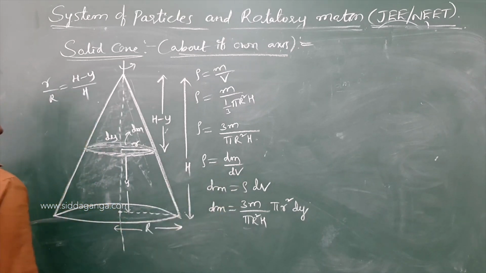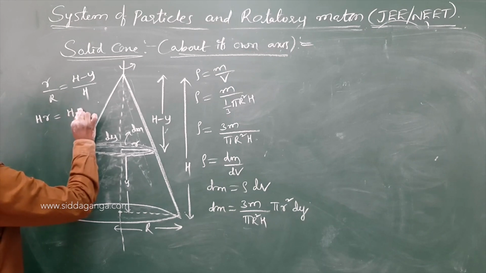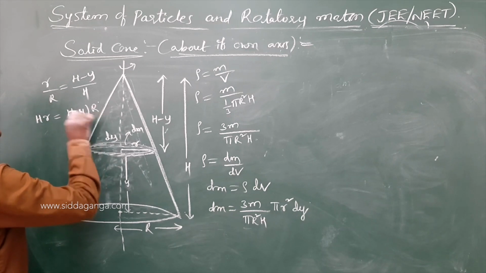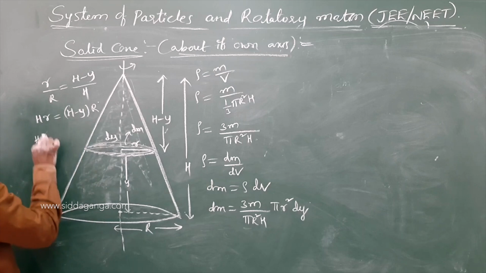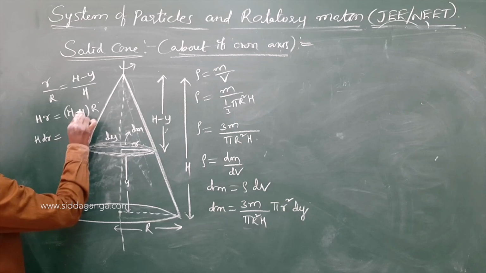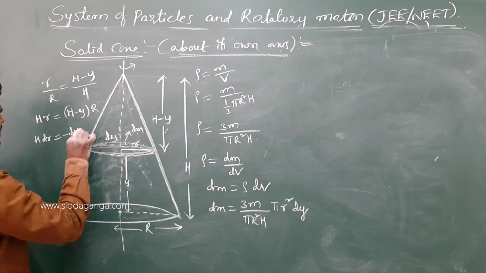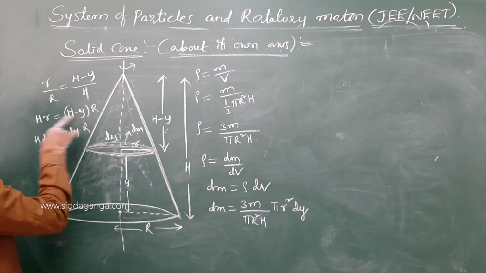Then we do one thing: H r equals h minus y into R.